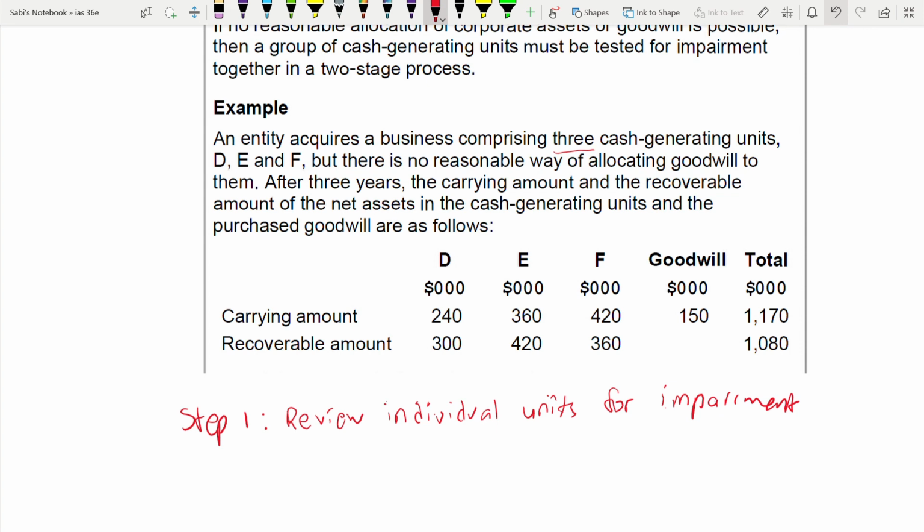So just see D. Carrying amount is less than recoverable amount. So this is not impaired. Here, carrying amount is less than recoverable amount. So this is not impaired. But if you see F, F is impaired because carrying amount is more than recoverable amount. So F is impaired.